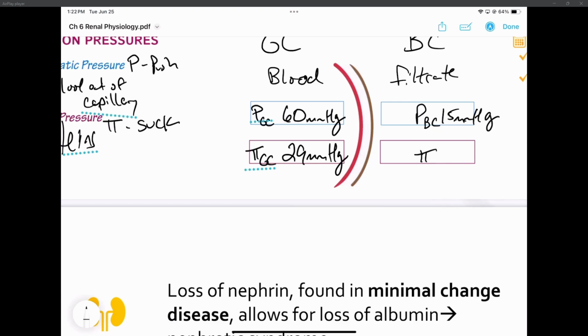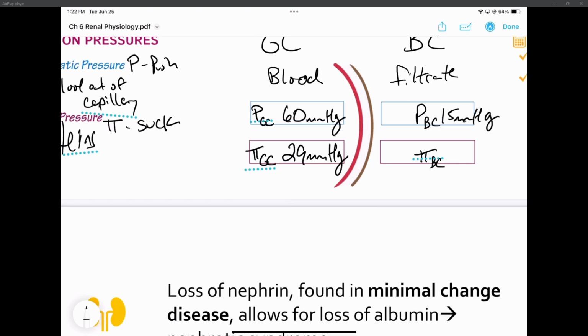The oncotic pressure of the Bowman's capsule should be what? So the oncotic pressure of the glomerular capillary, which has proteins in it, is 29 millimeters of mercury. That's the oncotic pressure. Should proteins ever get into the Bowman's space?